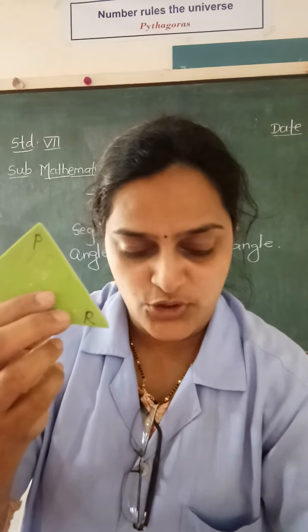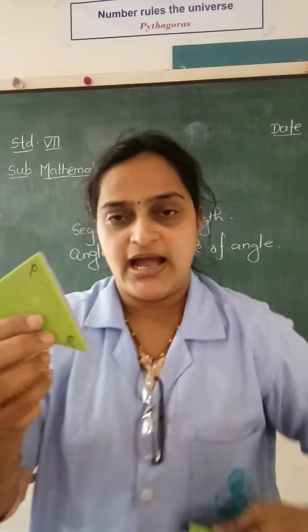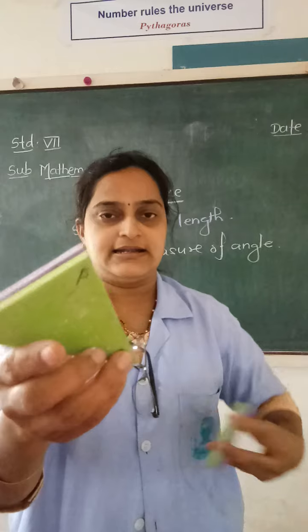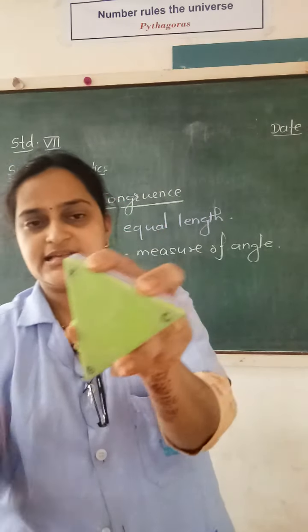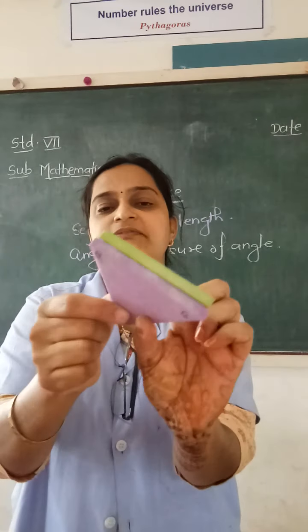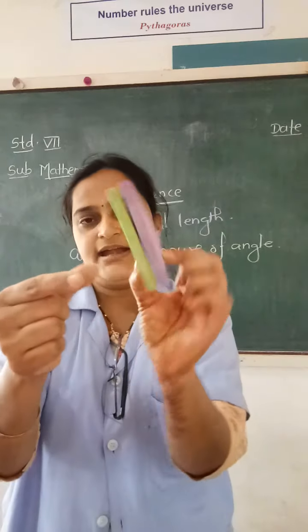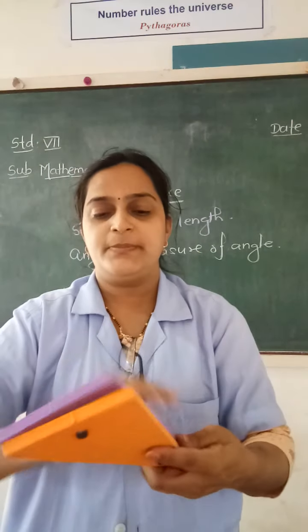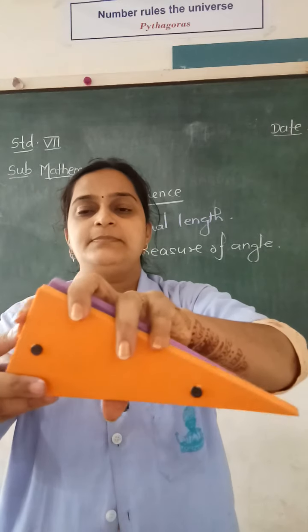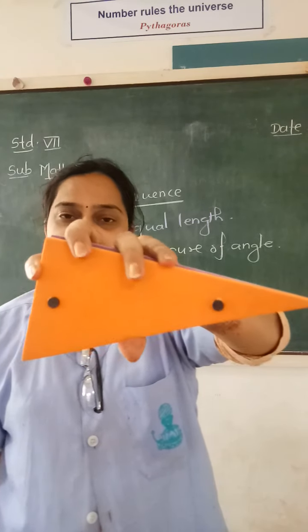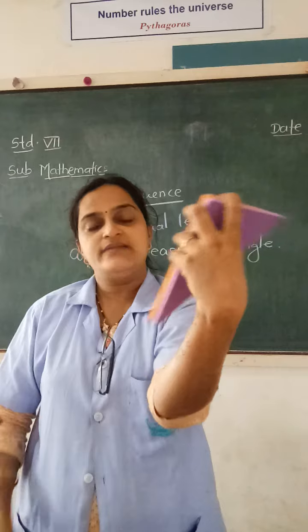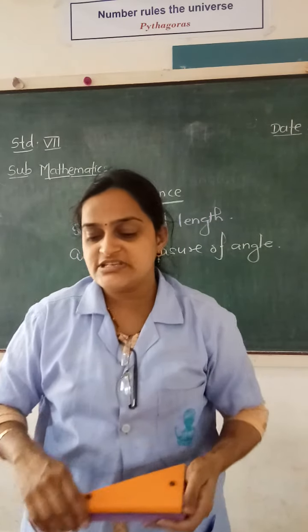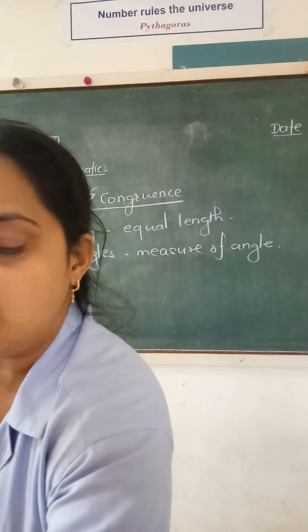If I place them on each other, I find they match exactly. Even I have this another pair. If I place them on each other, I find they match exactly, right? Here I have one more pair of triangles. When I place them on each other, I find they match exactly. So I will say that these triangles which I have shown you up till now are congruent.